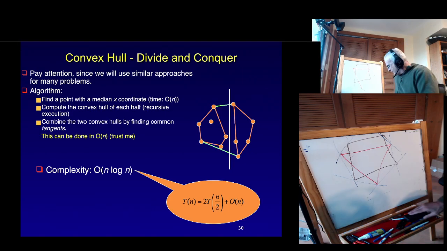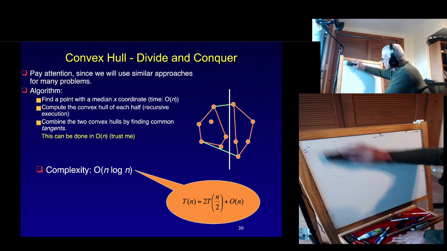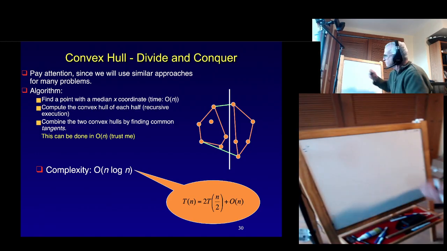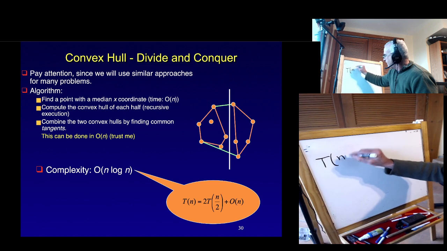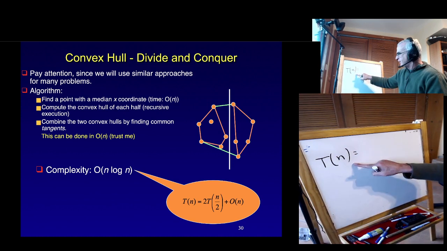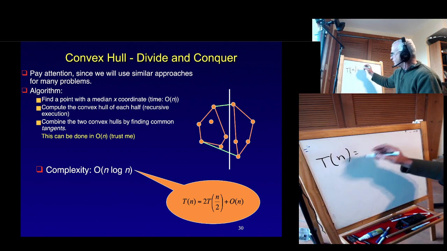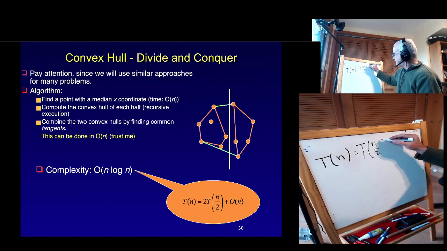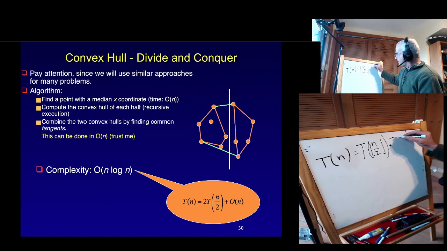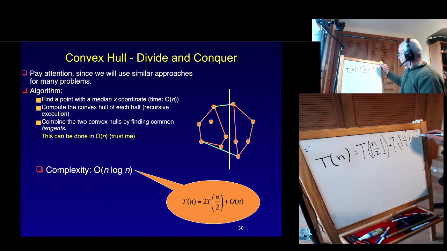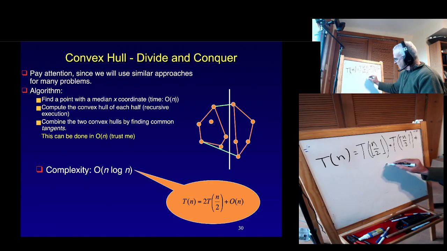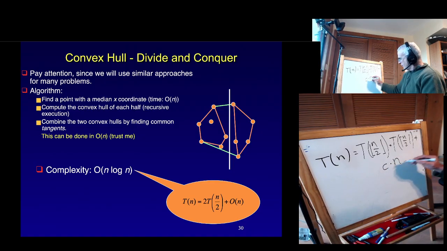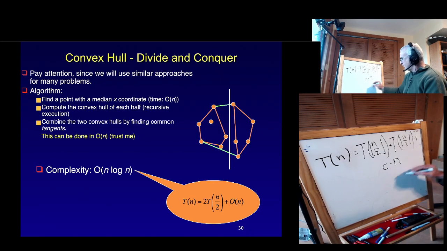So you're getting T of n, which will be the running time of computing the result for n points, would be T of n half, let's say ceiling, on the left part, plus T of n half on the right side, plus some constant times n, which is the merge stage.